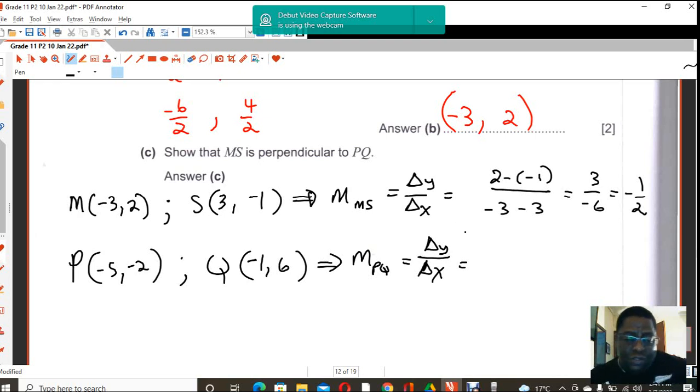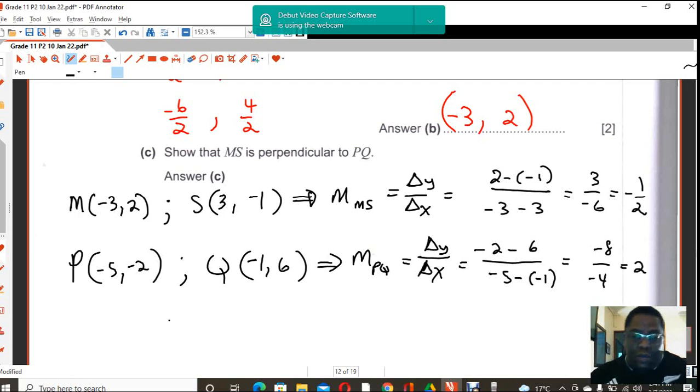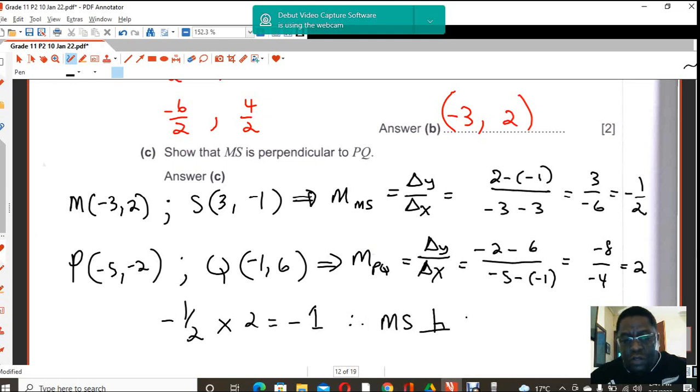Right, so the gradient, starting with the y, is -2 minus 6 upon -5 minus -1. On top you have -8, under you have -5 plus 1, which is -4, and a negative into a negative is 2. Now let's check. -1/2 times 2 surely gives you -1. All right. Therefore, MS is perpendicular to PQ.